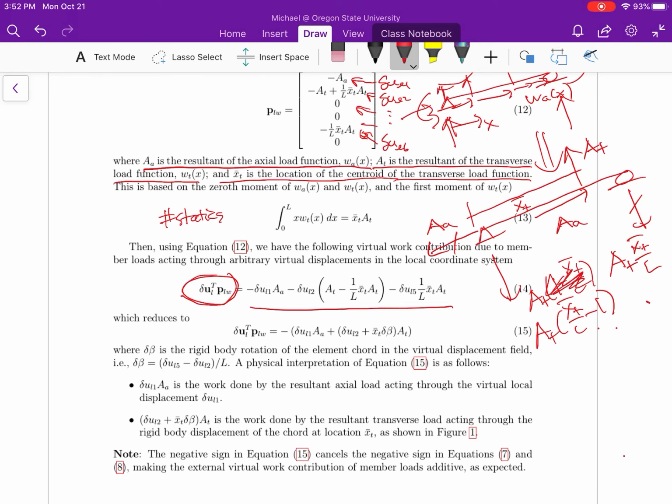But this inner product comes out to these 3 contributions at local degrees of freedom 1, 2, and 5, and then this reduces to this expression here.